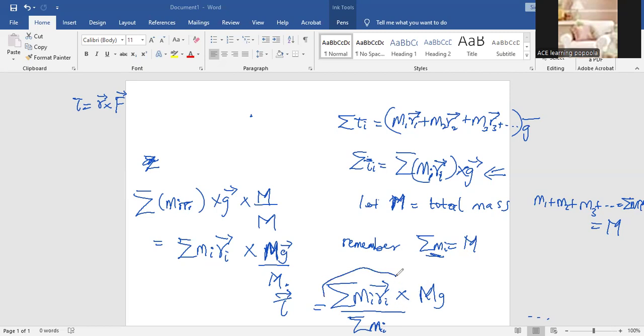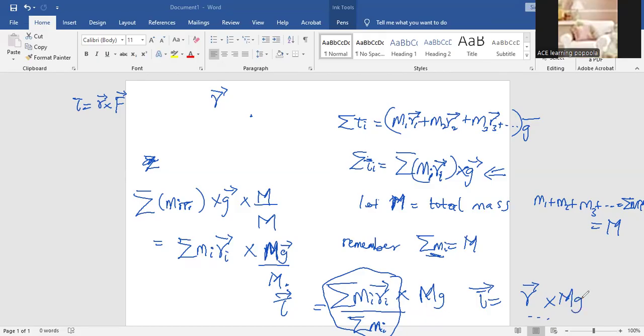Now, this expression here is the same as the expression for our center of mass for the position vector R. You can go back to that point in the video where we worked this R out, the center of mass for the position vector. So we'll just replace this with the position vector. So tau now equals position vector R times mg.